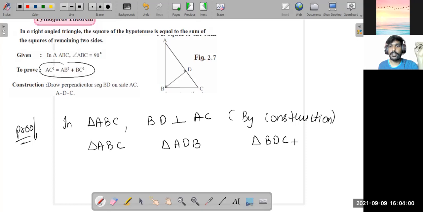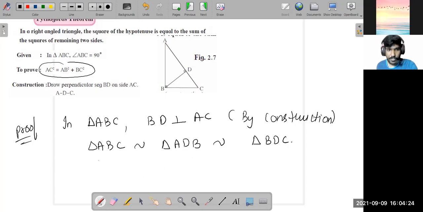These 3 triangles are formed, and we did the first theorem, the first property that I showed you. Because you are drawing this perpendicular, these 3 triangles will be similar to each other. So ABC is similar to ADB, ADB is similar to BDC.